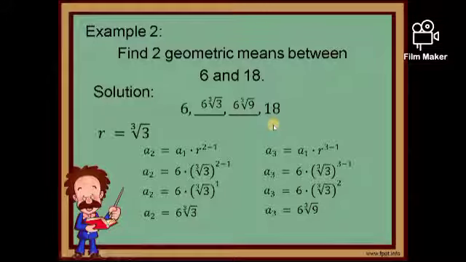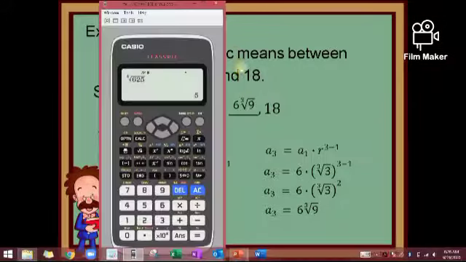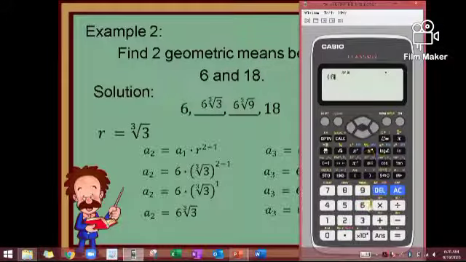So let us check if this is equal to 18. 6 times cube root of 9 times parenthesis cube root of 3, the common ratio. We expect that our answer must be 18.